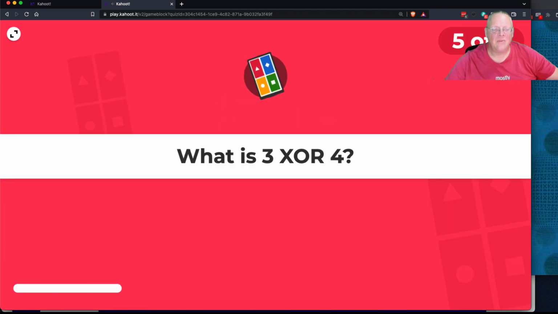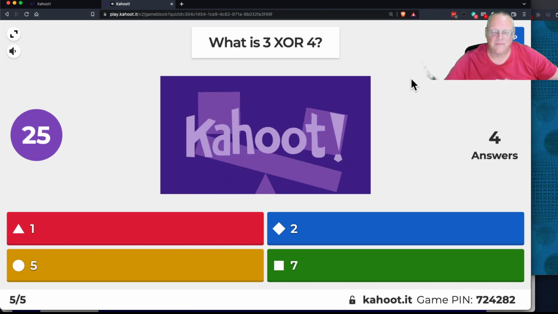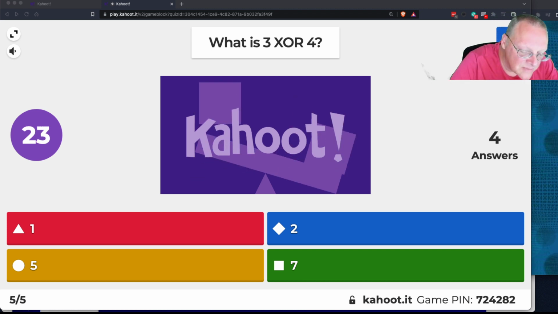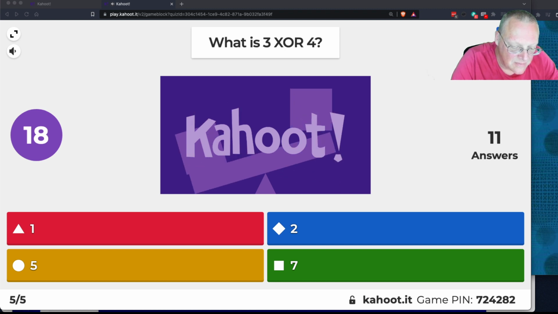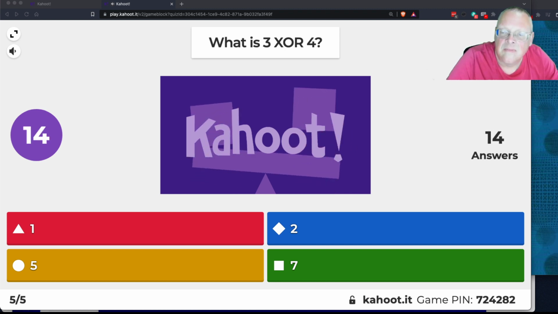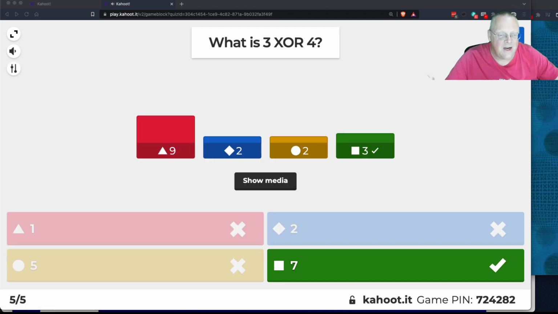And what is the number 3 XORed with the number 4? Not the ASCII character, but the number. All right, and the answer is 7, and let me just bring this up because this one here usually inspires some suffering. So let's go through this one.